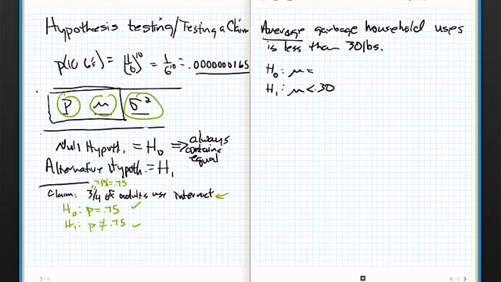Now, what is the complement of less than 30 pounds? It's greater than or equal to 30 pounds, but we really don't care about the greater than part. We really just want to test whether it equals 30 pounds or not. We draw this sort of line in the sand and say mu is less than 30 pounds or mu is equal to 30 pounds.